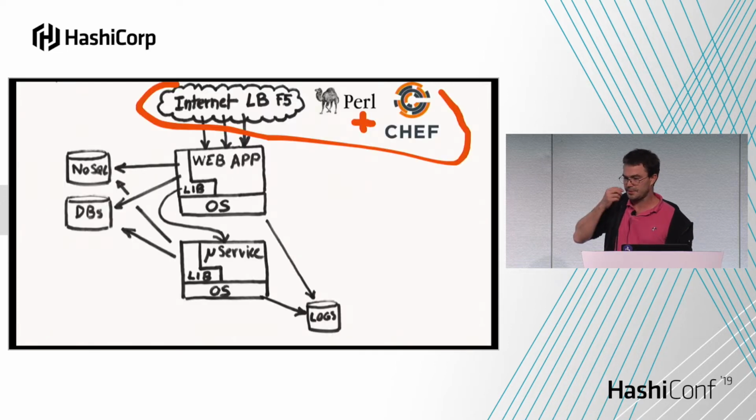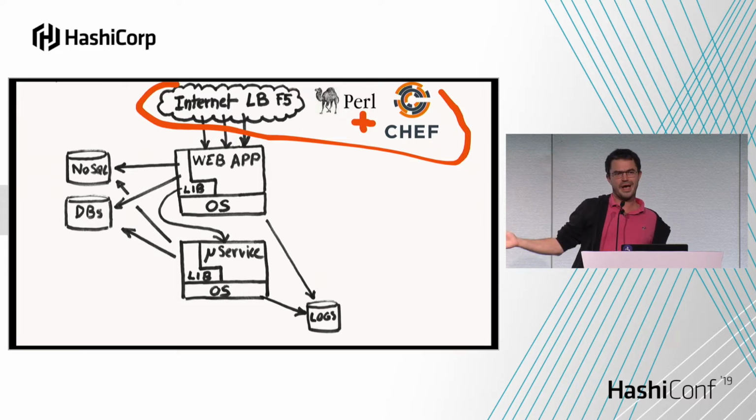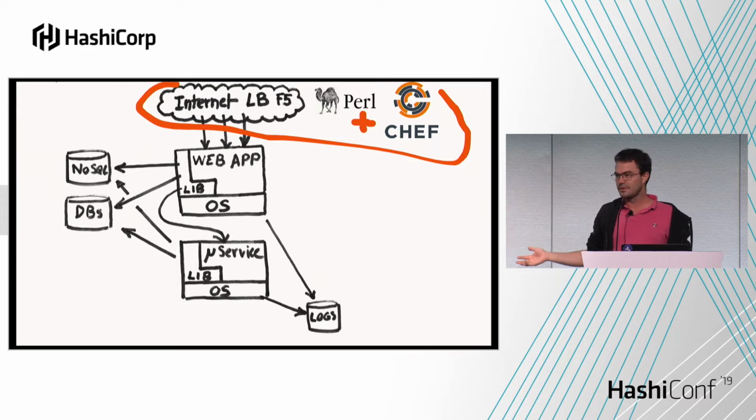Let's dig a bit into that. The first part of the system was the F5 load balancer on the top. This was driven by a kind of magical Perl script interacting with our Chef database and stuff like that.